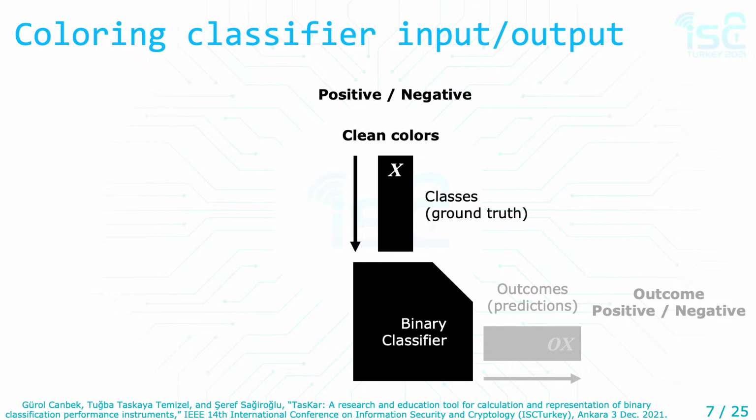In this study, we suggest that we should use clean colors for the inputs, but the outcomes should be colored in foggy or dirty colors because there is an uncertainty in the outcomes. It might be right or it might be wrong.